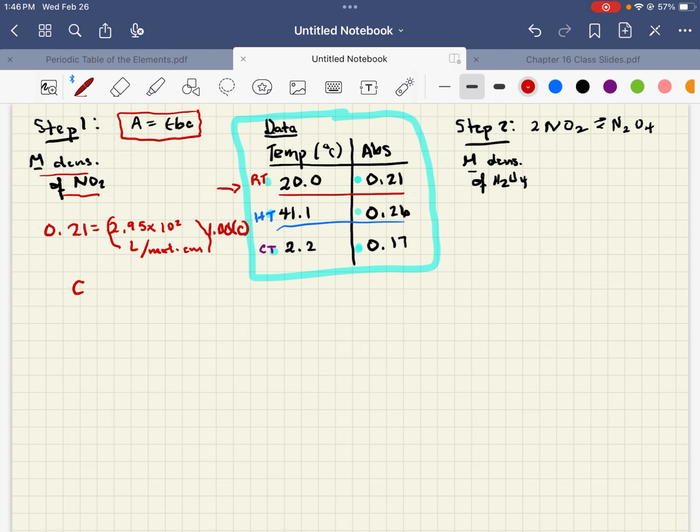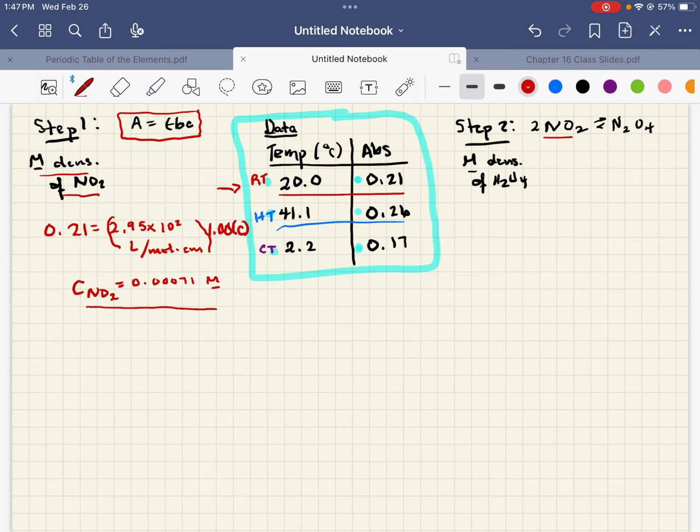So we can find the concentration of NO2. And the reason we can find that is that absorbance that you saw is directly correlated with the amount of NO2, which is your brown gas, that is absorbed. So we can find that concentration of NO2, and when I do that math, I find 0.00071 molar. So now we know what our concentration of NO2 was to begin with.